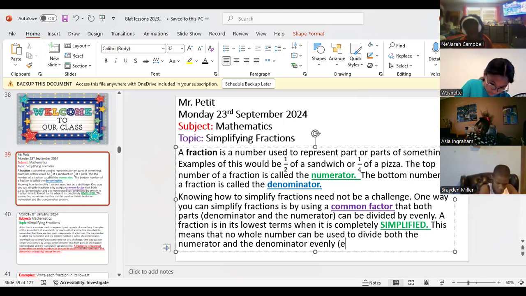Except one. That's what we mean when we say simplest form, right? When the fraction is in lowest terms.